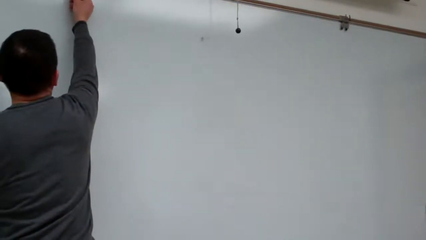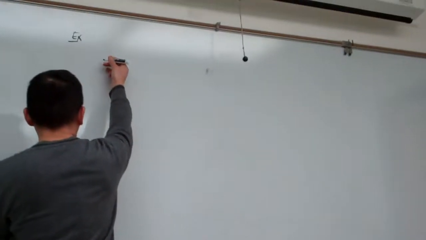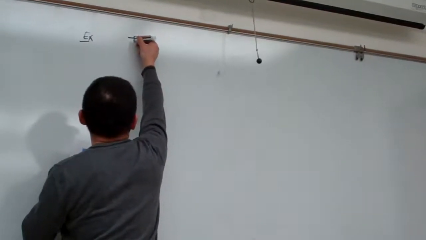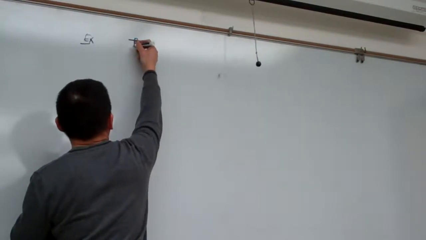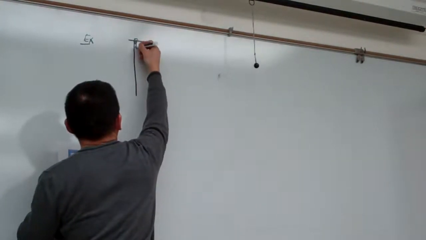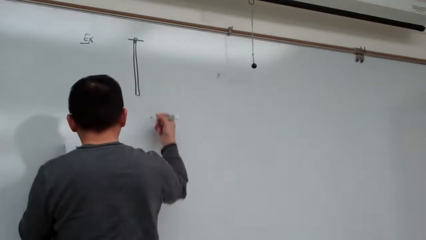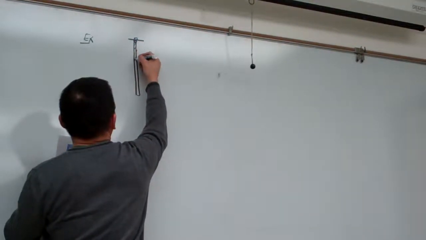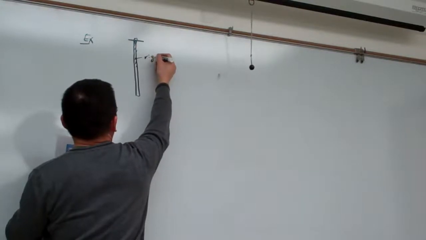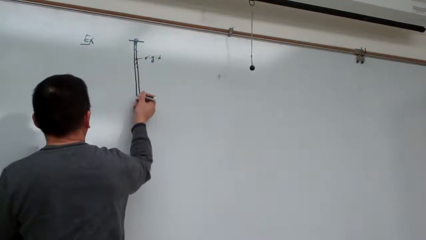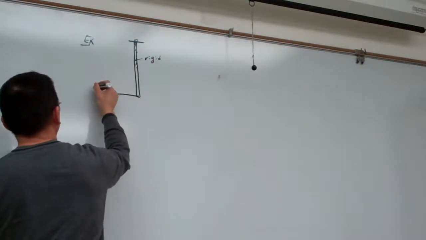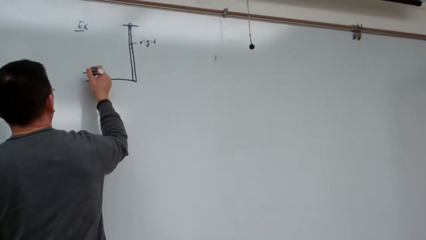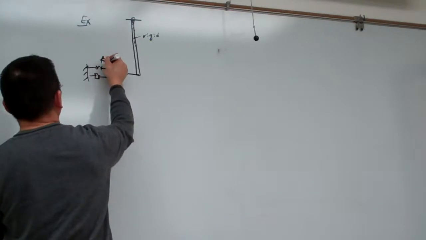So for this example, we have the hinged rigid beam, attached to a spring and anchor.